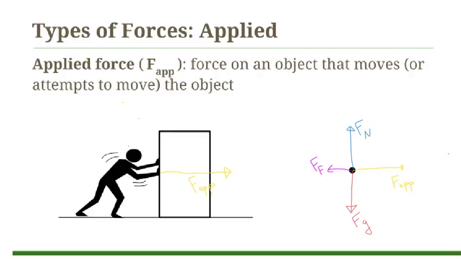If it hasn't started moving yet, but if I give it some force, I'm pushing just a little bit. Currently, I am not applying enough force to move the chair, so the force of friction is greater than the force that I'm applying. Okay, but if I apply more force, I am now overcoming the force of friction, and I am now able to move the chair. And the more force that I apply, I didn't break science. The more force I apply, the faster the object will move.